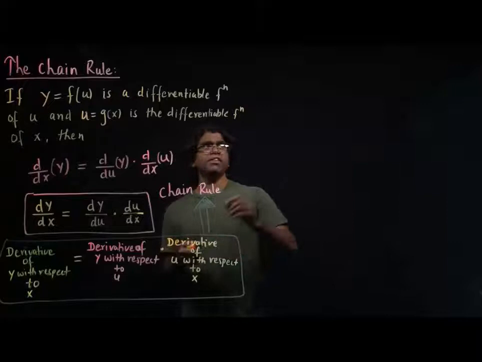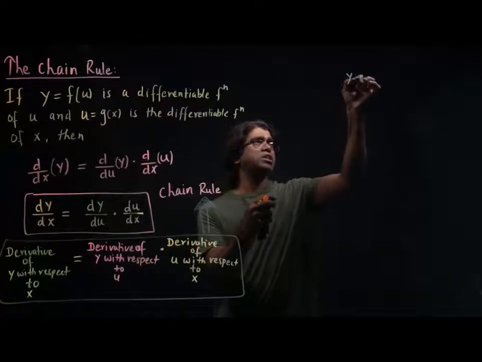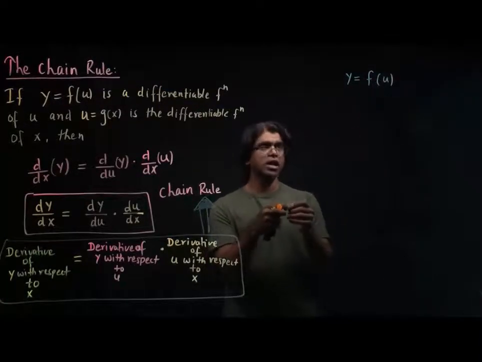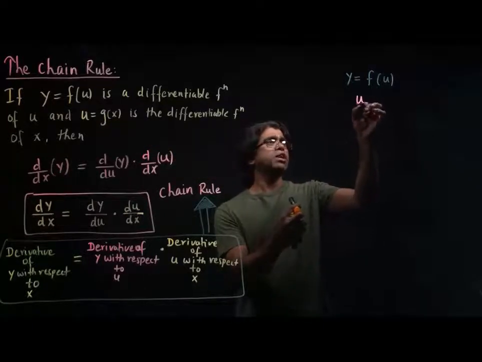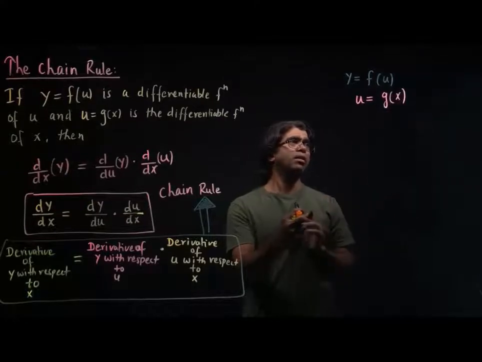Now let's look at the function. My function is y is equal to f of u, right? And if you look closely, you will see u is also a function of g of x, right?